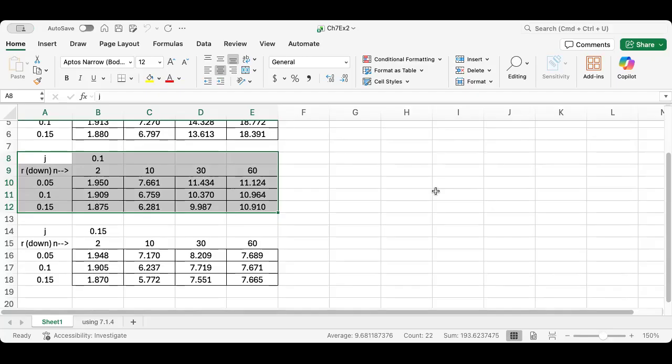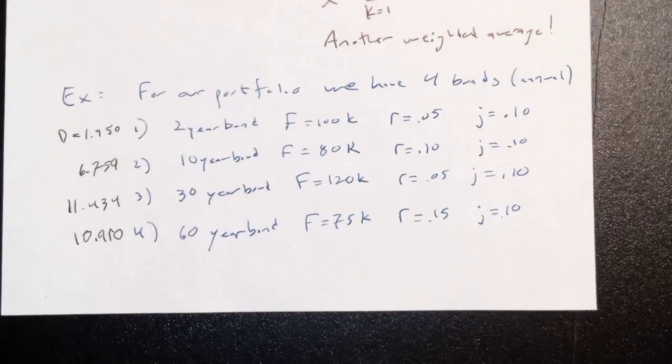Okay. So that's where those numbers on the left came from. Just so you know, I didn't pull them out of thin air.